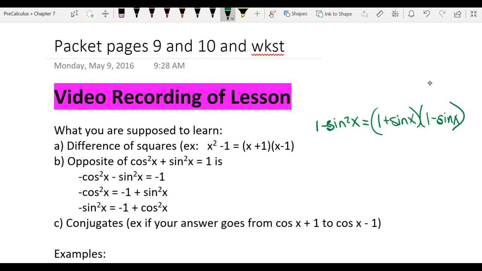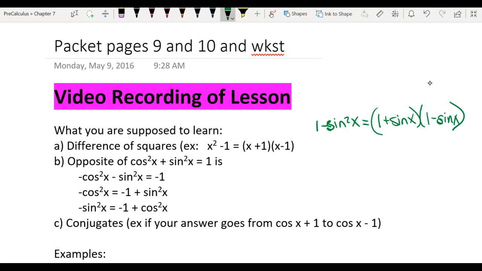So if you see this on the bottom, try multiplying by its conjugate. Okay? So we're going to see all of these in the examples that are to follow.